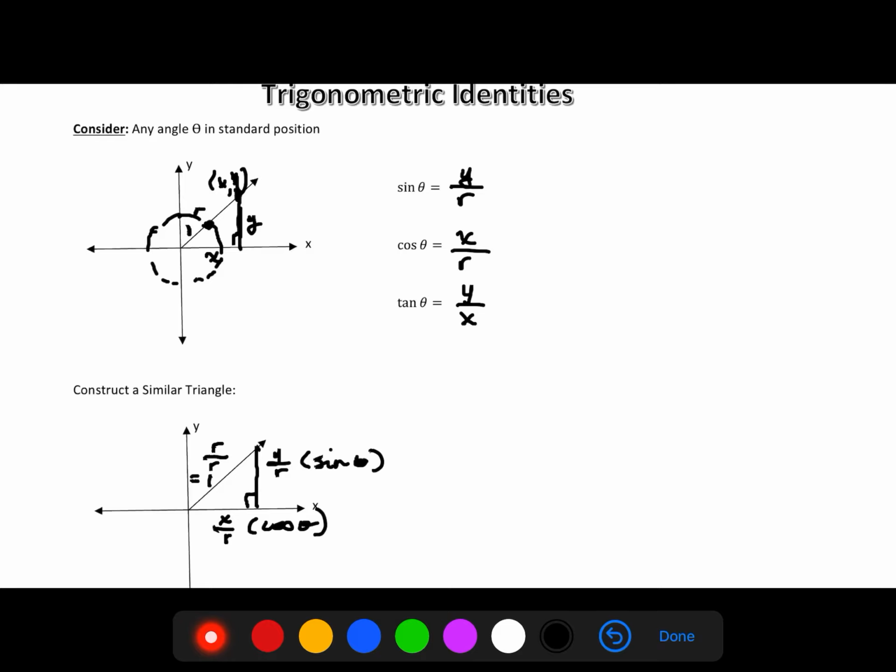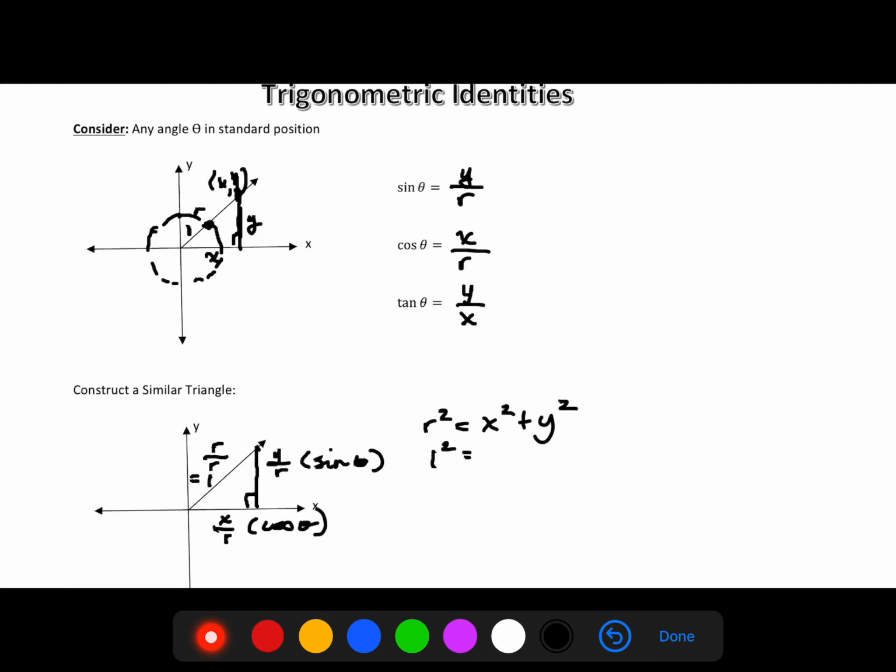So now we notice that y over r is our sine theta, x over r is our cos theta, and now we have a radius of 1.